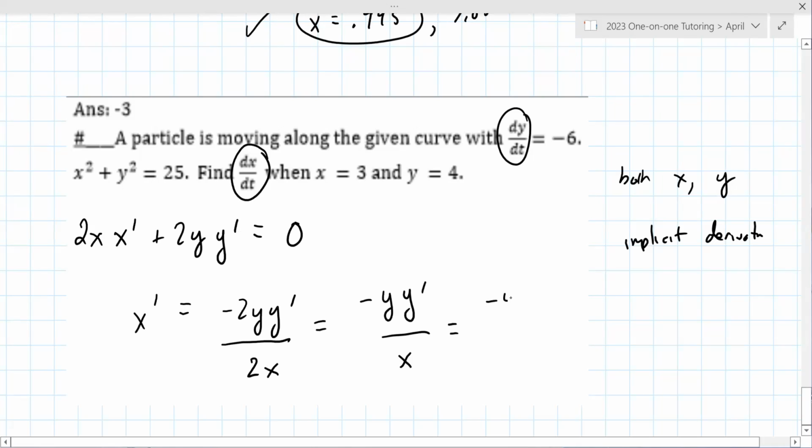All right, so that's -4 times -6 over 3.